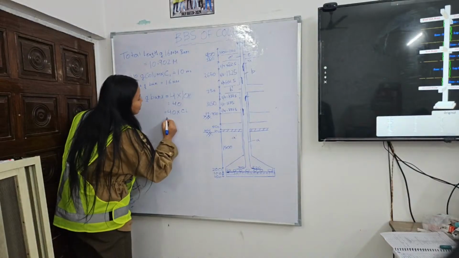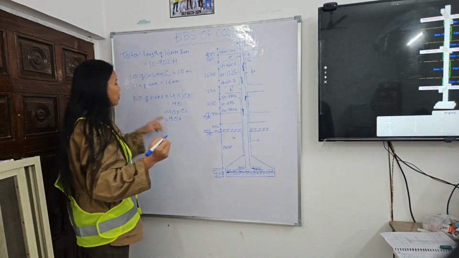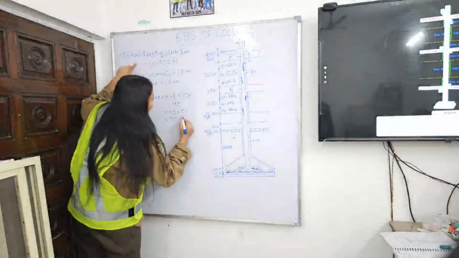Cutting length. So from 40 into how much cutting length do we have here? We have total of this much.